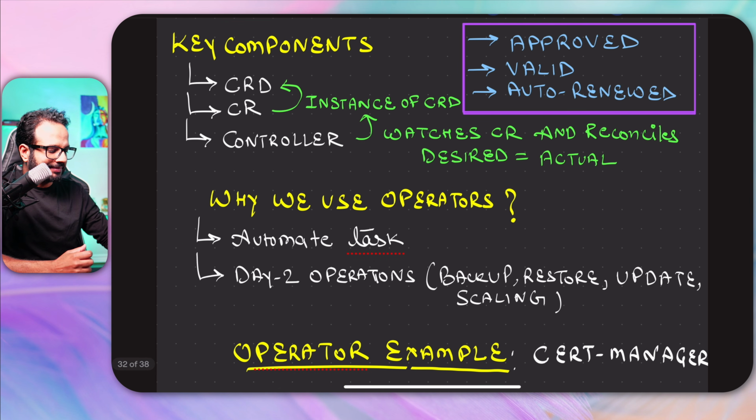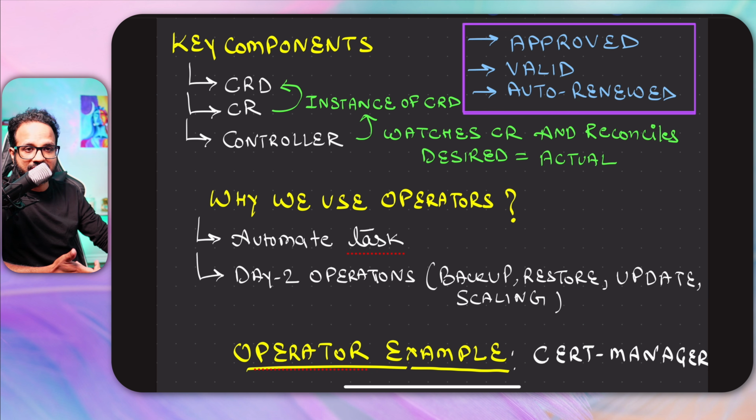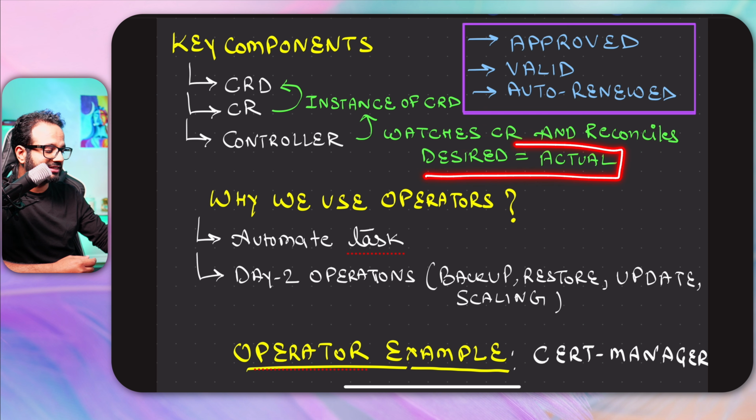Now let's have a look at the key components of an operator. First is the CRD, then the CR, which is an instance of the CRD, and then we have the controller. This controller watches the custom resource and reconciles the states. It makes sure that your desired state is equal to the actual state.